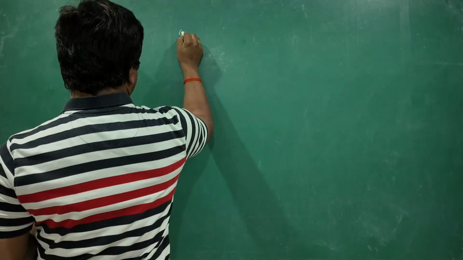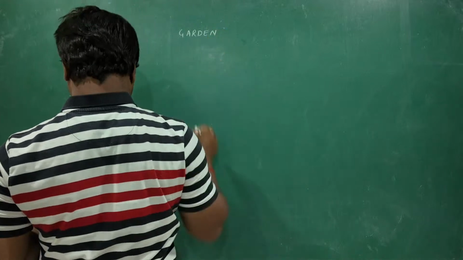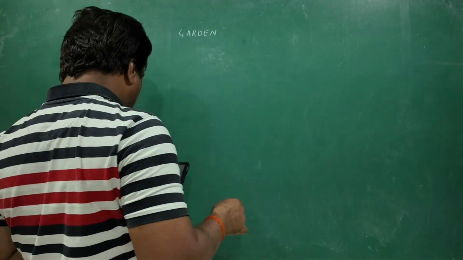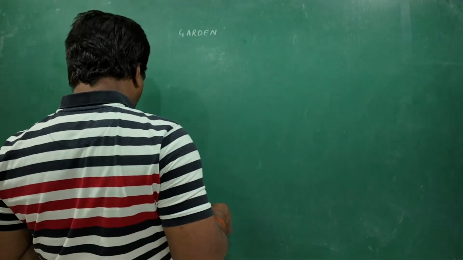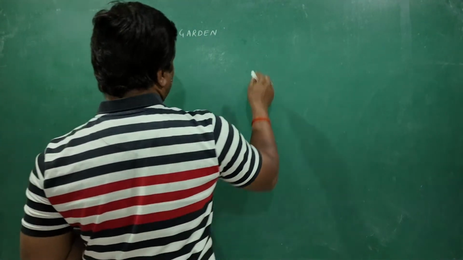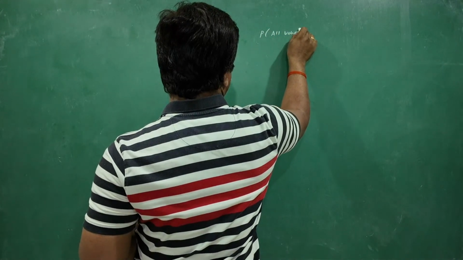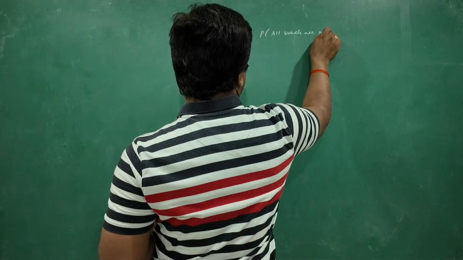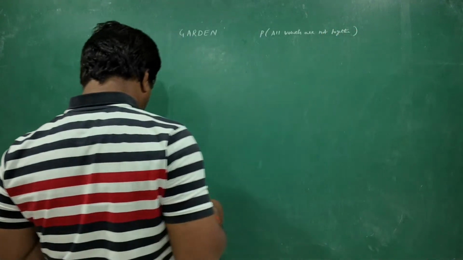There is a word garden. Set of words formed by all the letters of the word, and the probability that vowels are not together. That is the question.